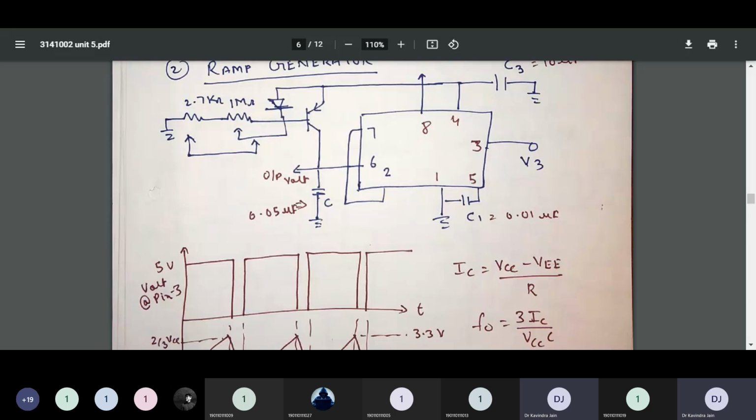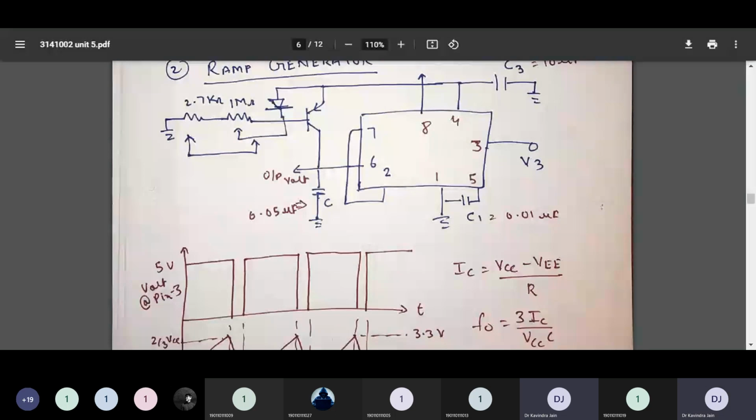comparator 2 turns Q1 to off condition. As a result, C starts charging again.